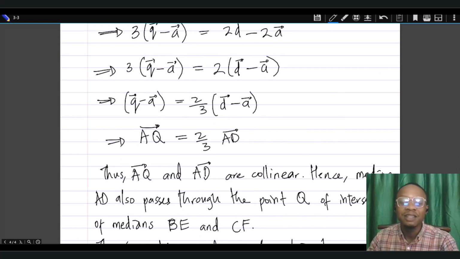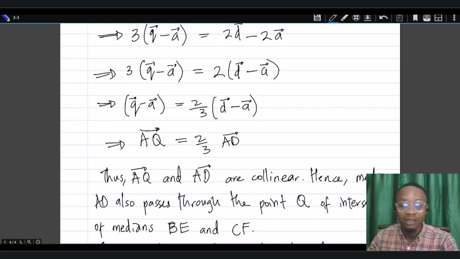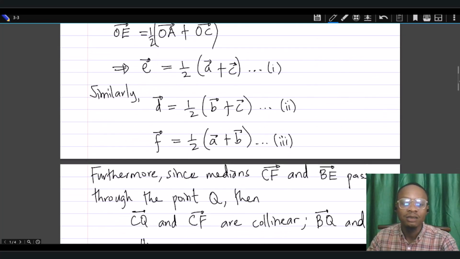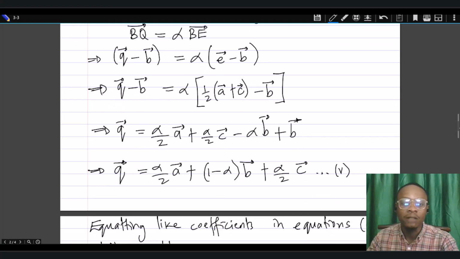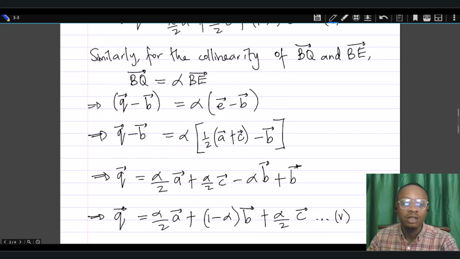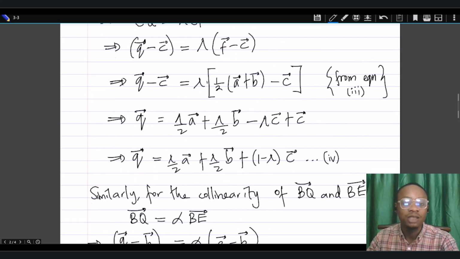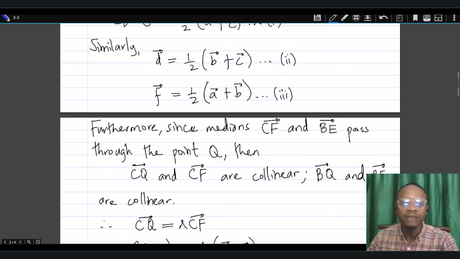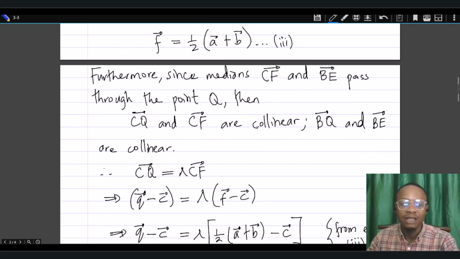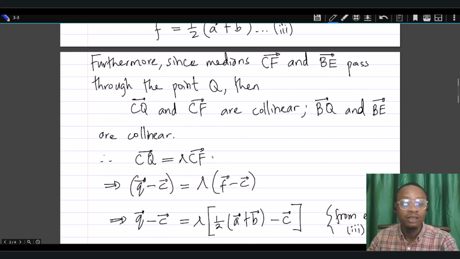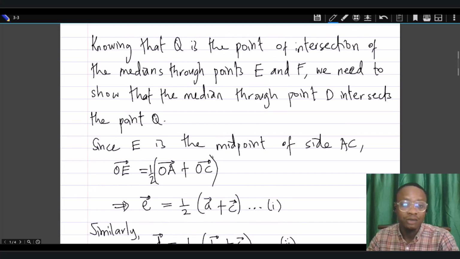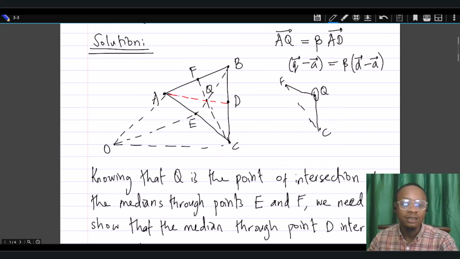So that tells us that AQ is 2 over 3 AD, and similarly, how we came about alpha. Alpha was this relation, so that means BQ is also 2 over 3 BE. So BQ is 2 over 3 BE, and we have also observed that CQ is 2 over 3 CF. So those are the results we have obtained in this lesson.